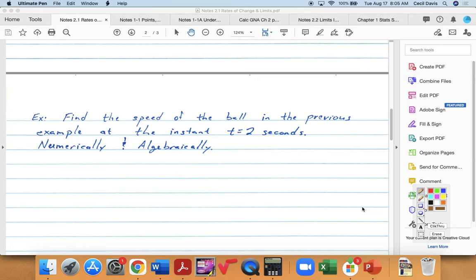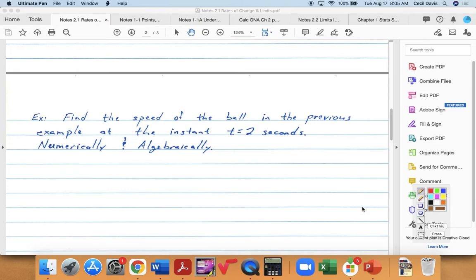We don't have a formula for that, at least not yet, but what could we do that would give us a better estimate of what was happening at that instant rather than that long interval? Do a shorter interval.